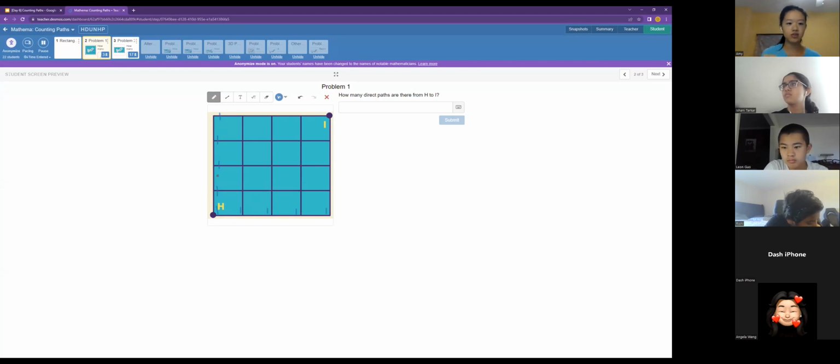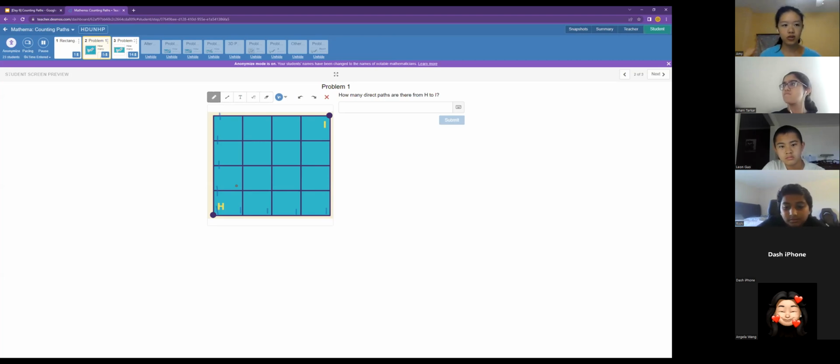And because we're not moving backwards, this means you can't move left or down. So you can't make a big loop-de-loop and get back to H or any vertex. You have to just move to the right and upwards. And so because of that, there's only one way to get to all of the vertices that are directly above vertex H and directly to the right of vertex H, which is why we put number 1 next to all of those vertices.